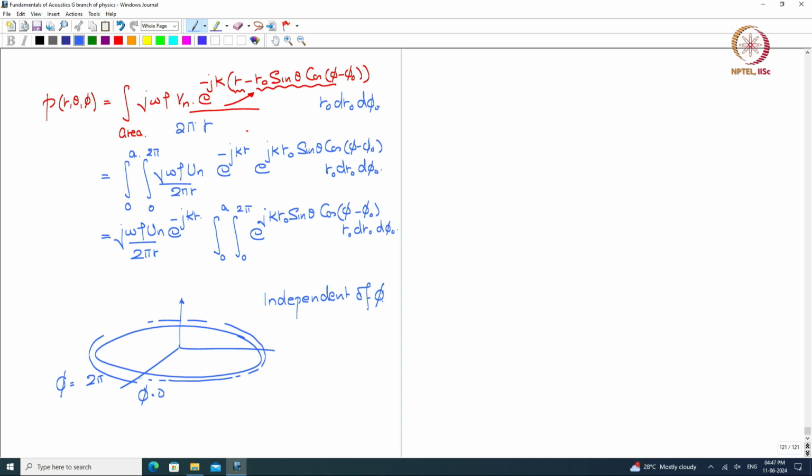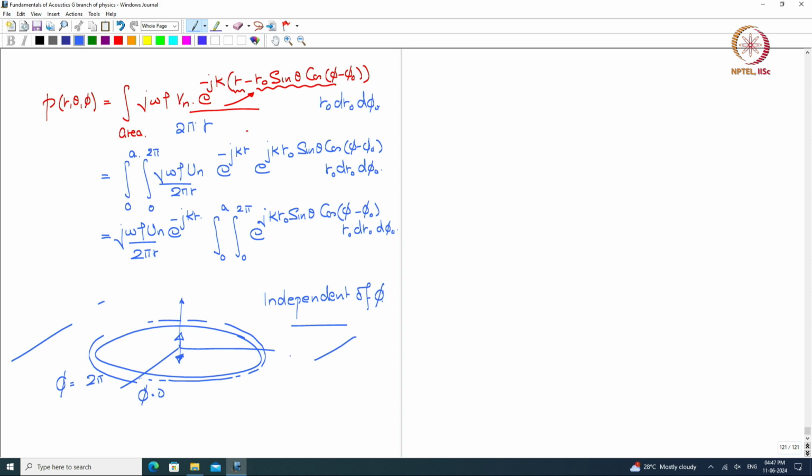You can see that, right? If I have this sitting in a baffle oscillating uniformly back and forth, it cannot depend on phi, it is uniform in terms of phi.